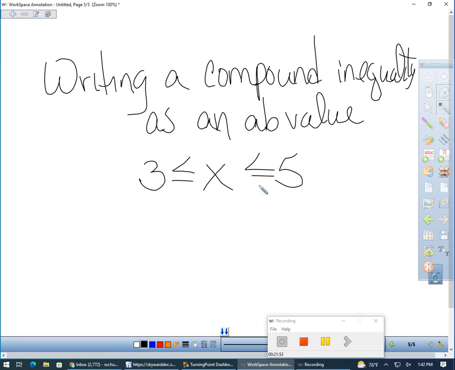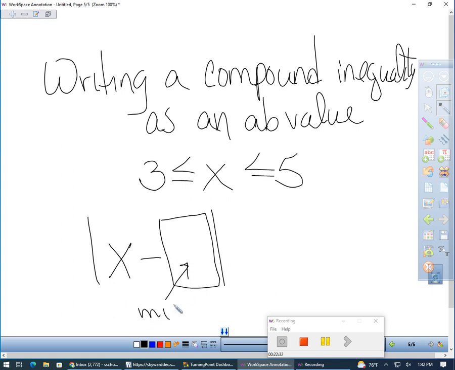So when we write it, you're going to have an absolute value. Whatever this middle variable is goes first. We have our variable minus. Next, inside our absolute value is the middle term. So right here, this is our middle term. So what falls exactly in the middle between 3 and 5? 4, yes.